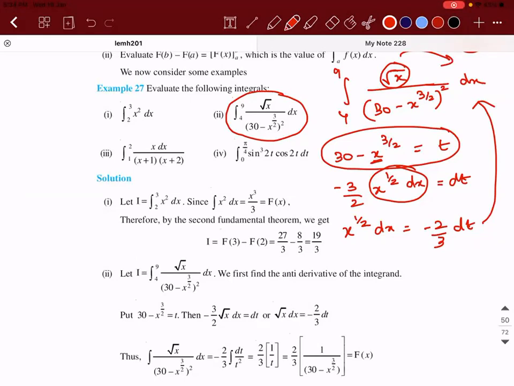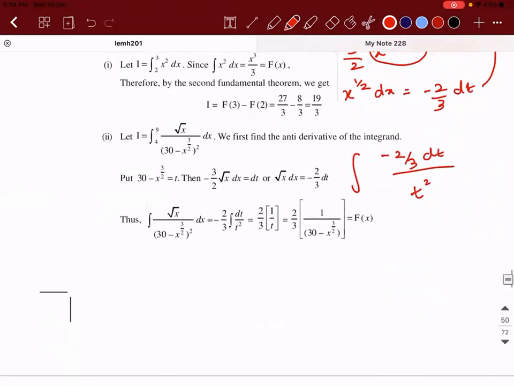Okay, so this is integral of minus 2 by 3 dt divided by t square. Correct? Minus 2 by 3 dt divided by t square. So minus 2 by 3, if I take outside, integral of dt by t square is actually minus 1 by t.